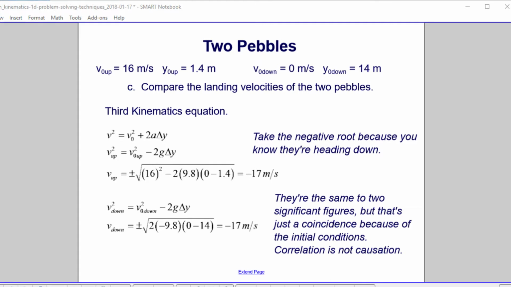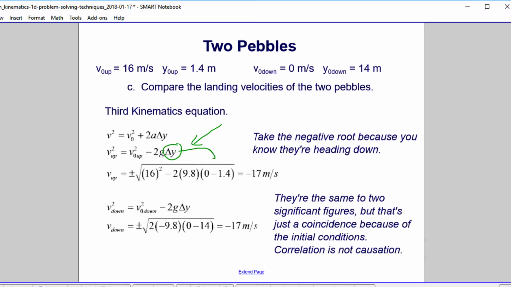Compare the landing velocities of the two pebbles. Well, since we know the displacement of each pebble, and we're trying to find velocity, we'll use a third kinematics equation. So we'll take the first one here. This is for the pebble thrown up. And you can see we have v squared up equals the initial velocity squared minus 2g delta y. Delta y is our displacement.